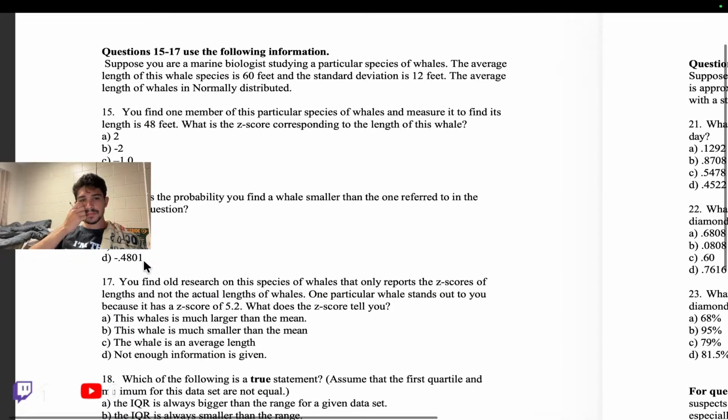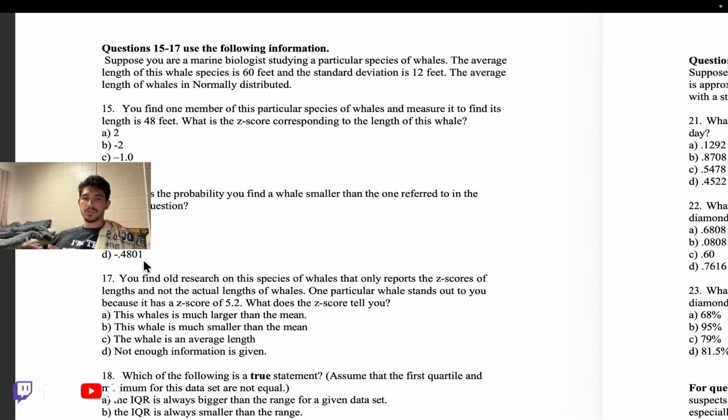Number 17. You find old research on the species of whales that only reports the z-scores of lengths and not the actual length of whales. One particular whale stands out to you because it has a z-score of 5.2. So if we have a z-score of 5.2, we're trying to figure out the x here.